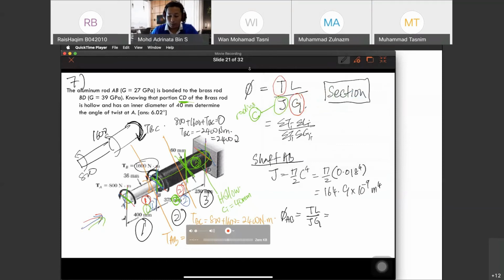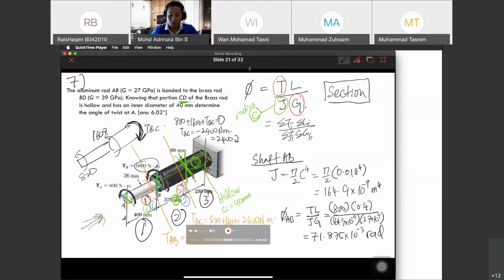Okay, so T 800, L 400, then J 164.9 times 10 to the power of negative 9, G 27 times 10 to the power of 9. Okay, then we got our angle of twist 71.875 times 10 to the power of negative 3 radian.